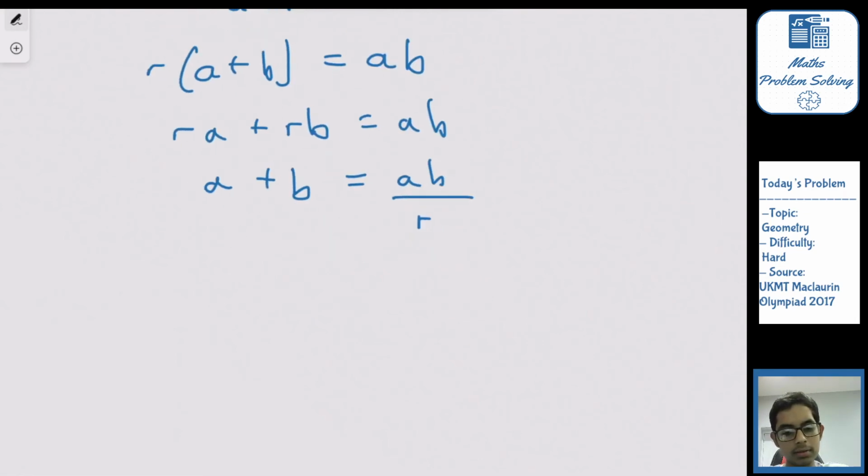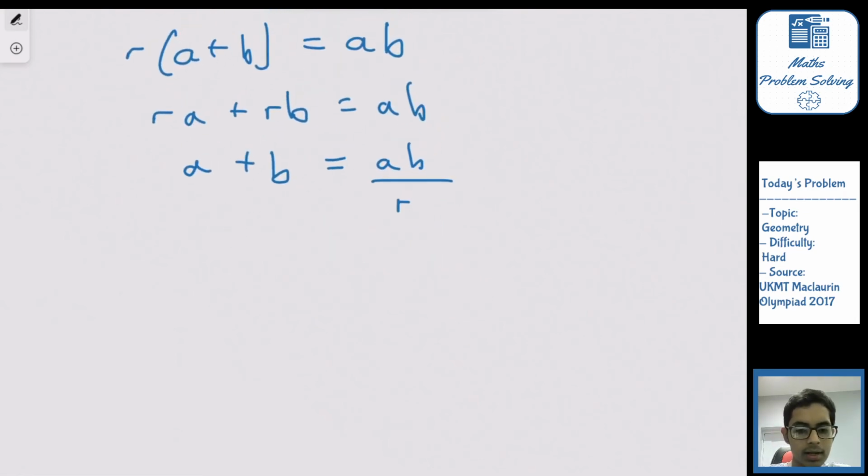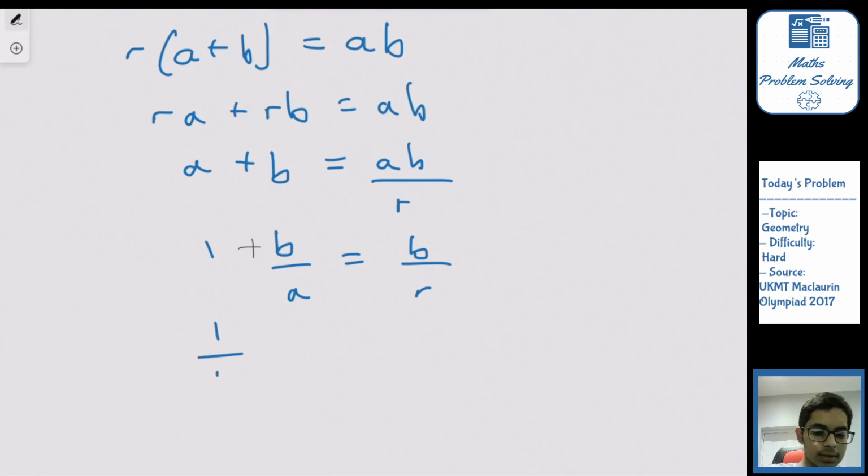And now we might be making some progress. If we divide everything by a, we'll get 1 plus b over a equals b over r. And now if we divide everything by b, we're eliminating all these terms from the numerator. We get 1 over b plus 1 over a equals 1 over r, which is our solution.